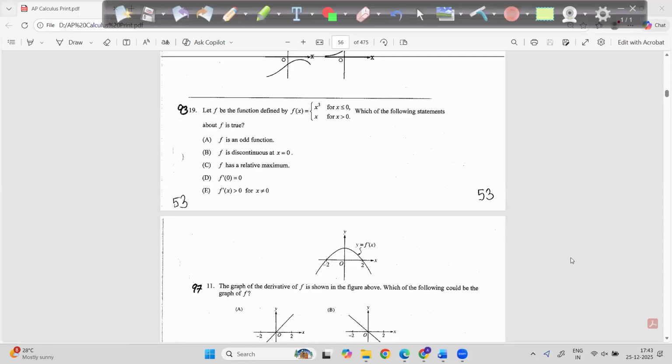Which of the following statements about f is true? It has a lot of thinking, so you need to think carefully and give me the answer. Don't simply give me an answer. Then I'll tell you the logical answer for each and every option here.